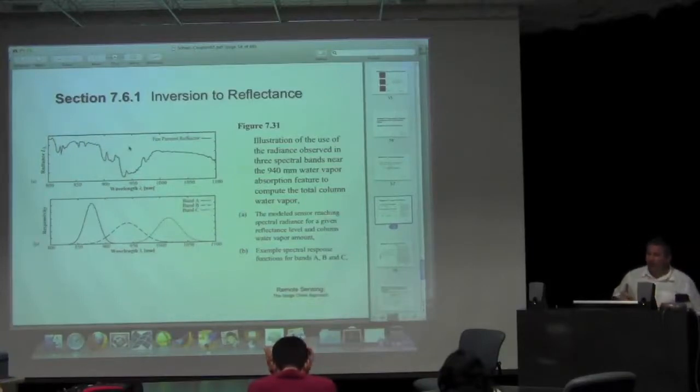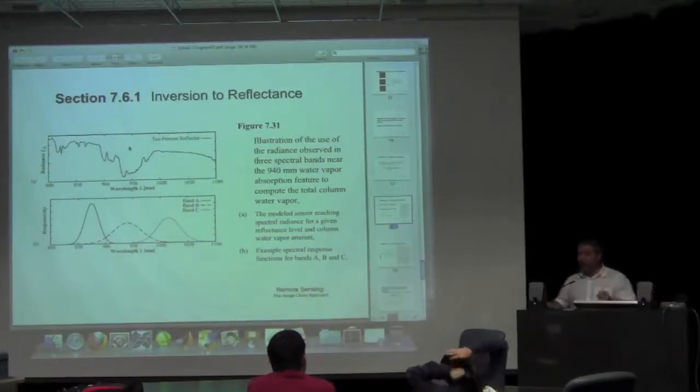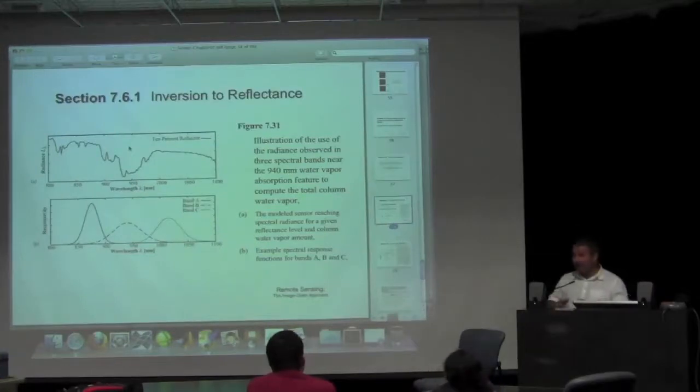So one of the things that we can do when we try to characterize the atmosphere is to use a model like MODTRAN, right? We can use something like MODTRAN and get a really good description of what the atmosphere looks like if and only if we have a really good estimate of the inputs, right?